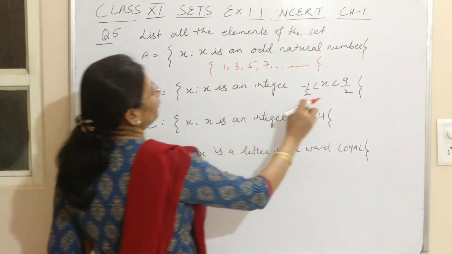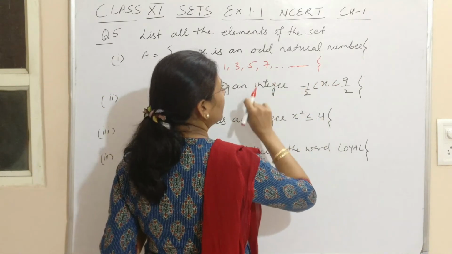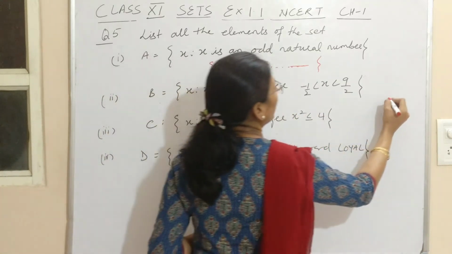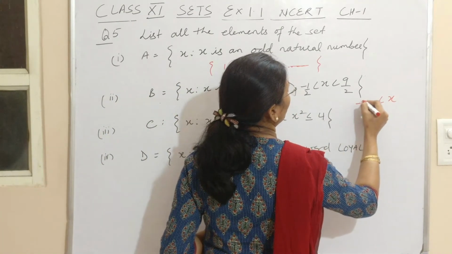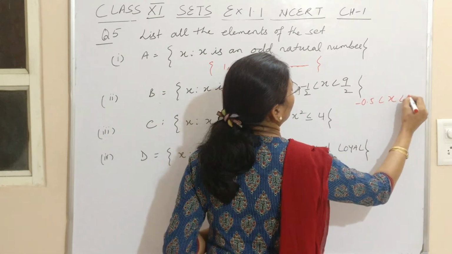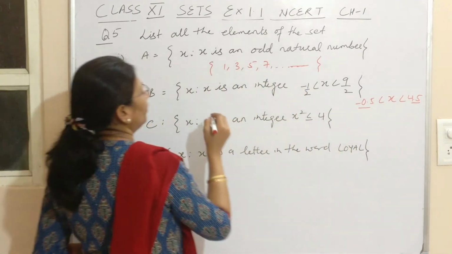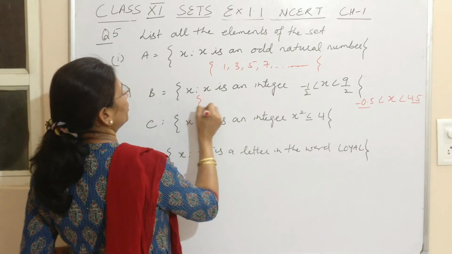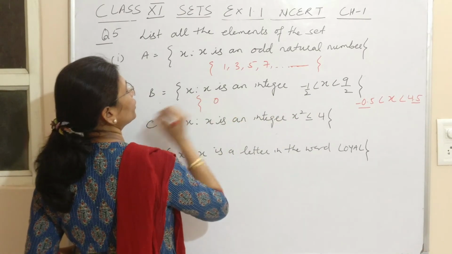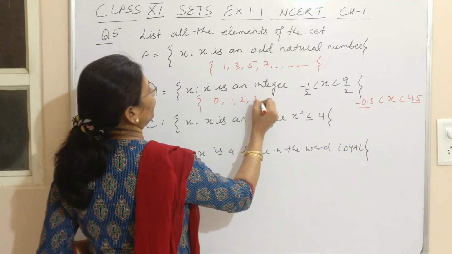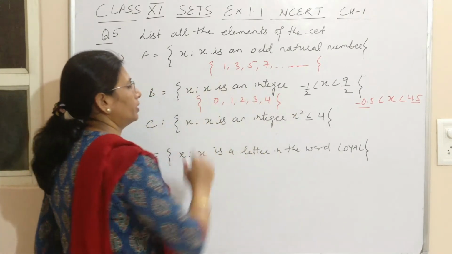Next, you have been given x is an integer and x lies between these two numbers. In fact, this is minus 0.5 and this is 4.5. Since I have to write all the integers, the first integer is going to be 0, followed by 1, 2, 3 and 4. That's it.